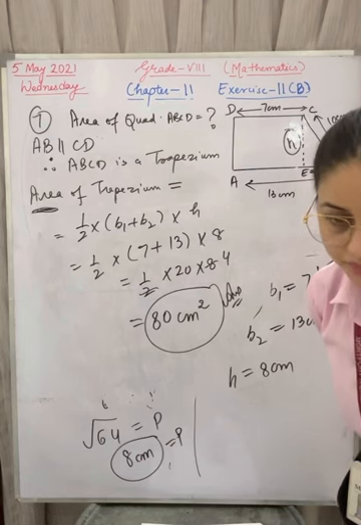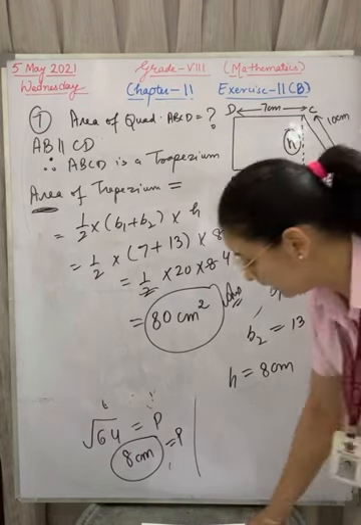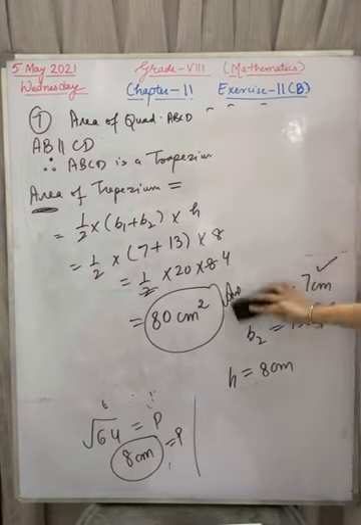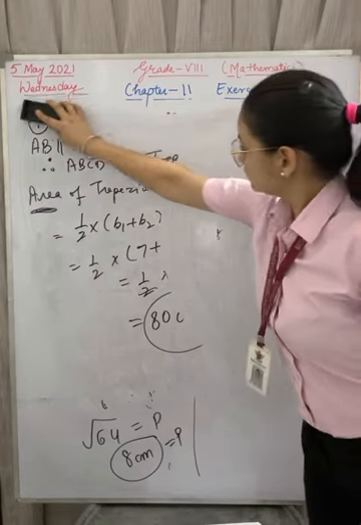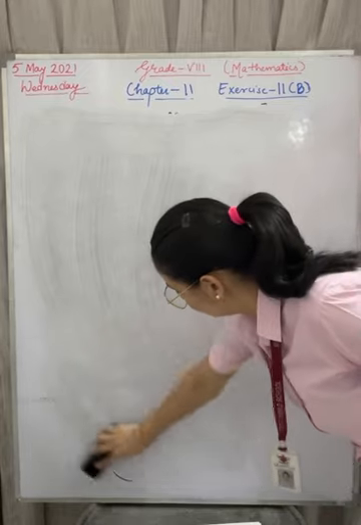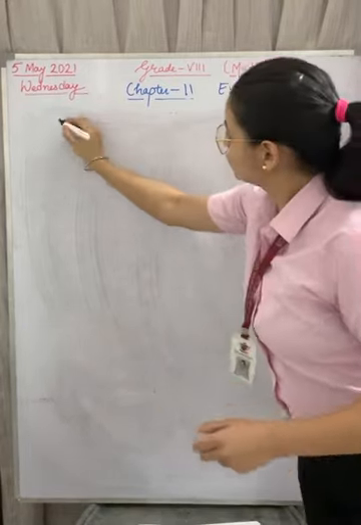Yes, quickly. Have you read this question? Question 8. Have you read, everyone? What is given in the question? What can we take out? Let me unmute some student. So be ready.